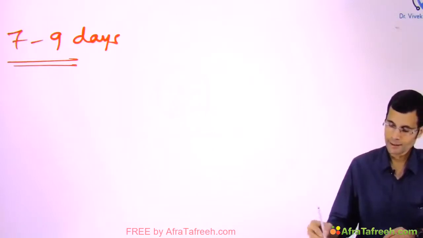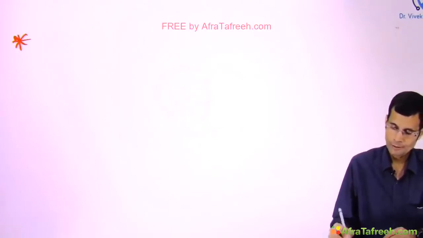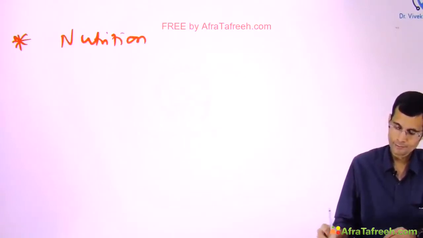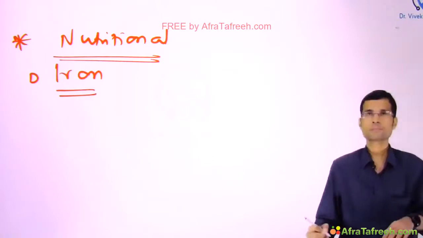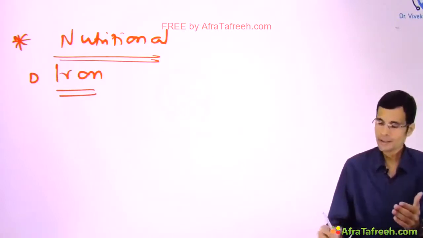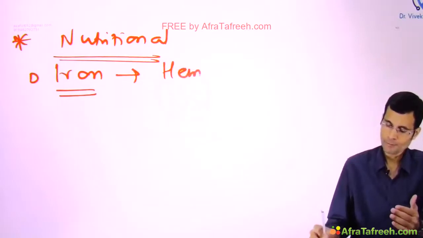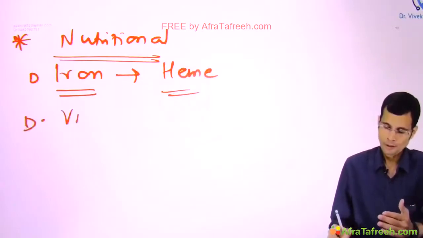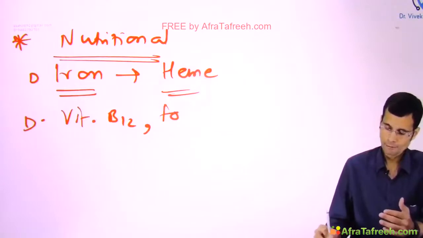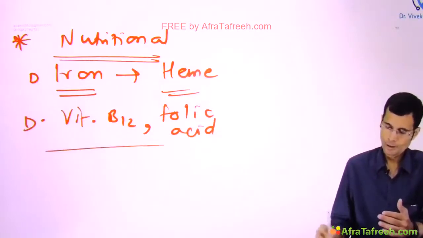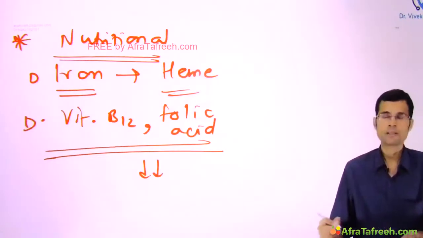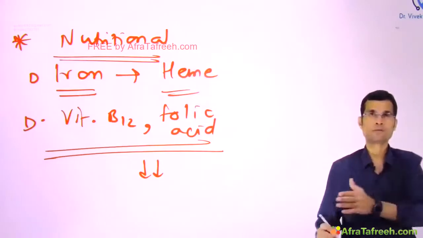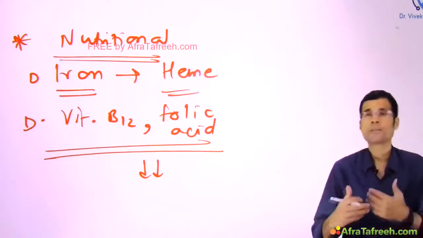Let us see the factors that influence erythropoiesis. There are nutritional factors: iron, needed for formation of heme, for the hemoglobin, vitamin B12, and folic acid. Now, vitamin B12 and folic acid are needed for the formation of 5,10 methylene tetrahydrofolate, for the maturation of DNA.